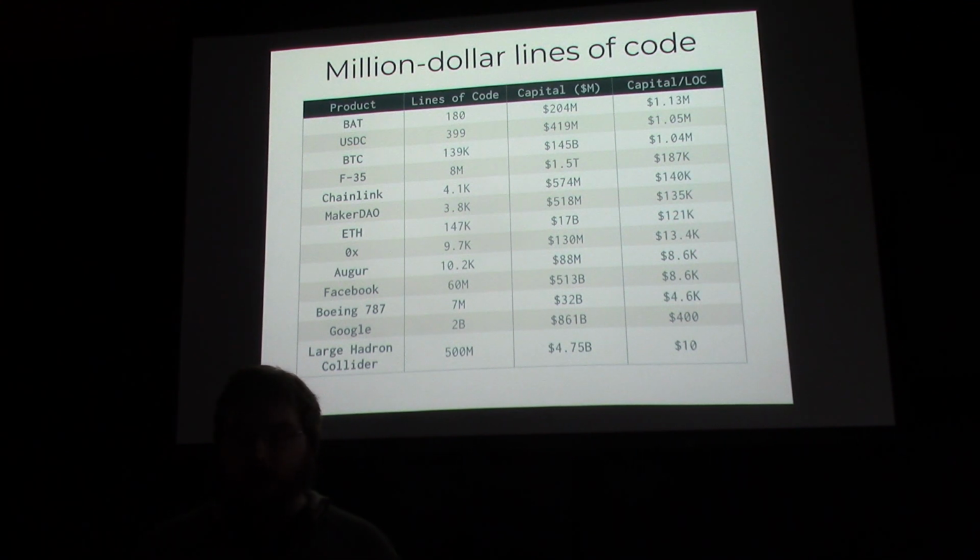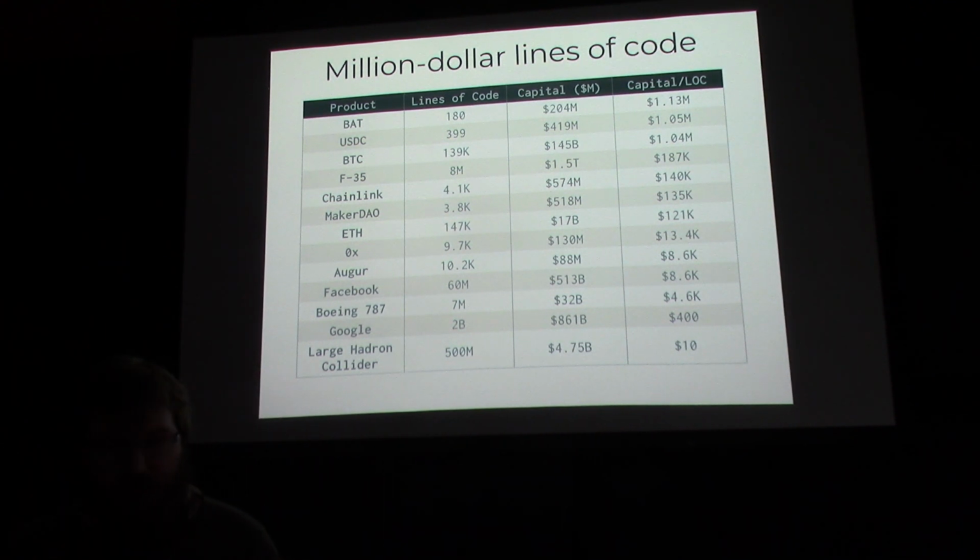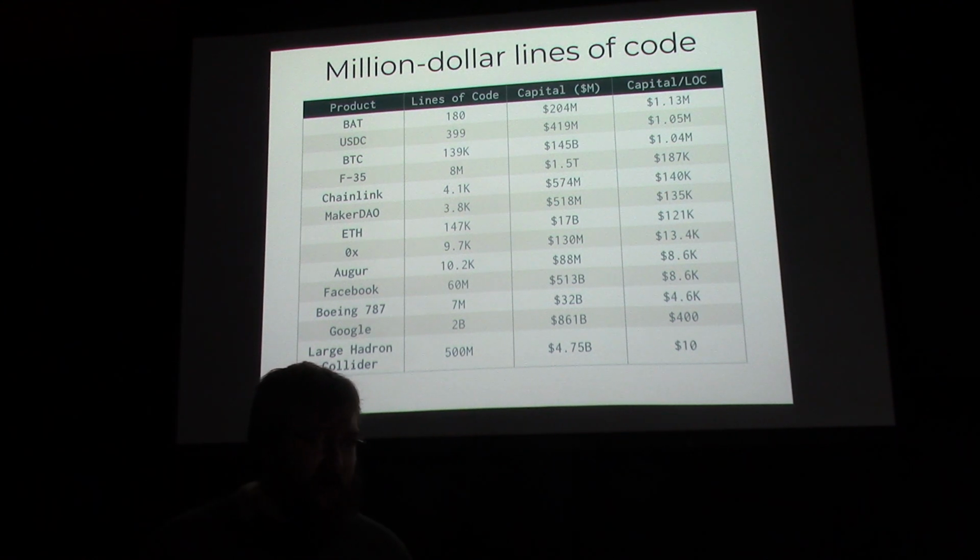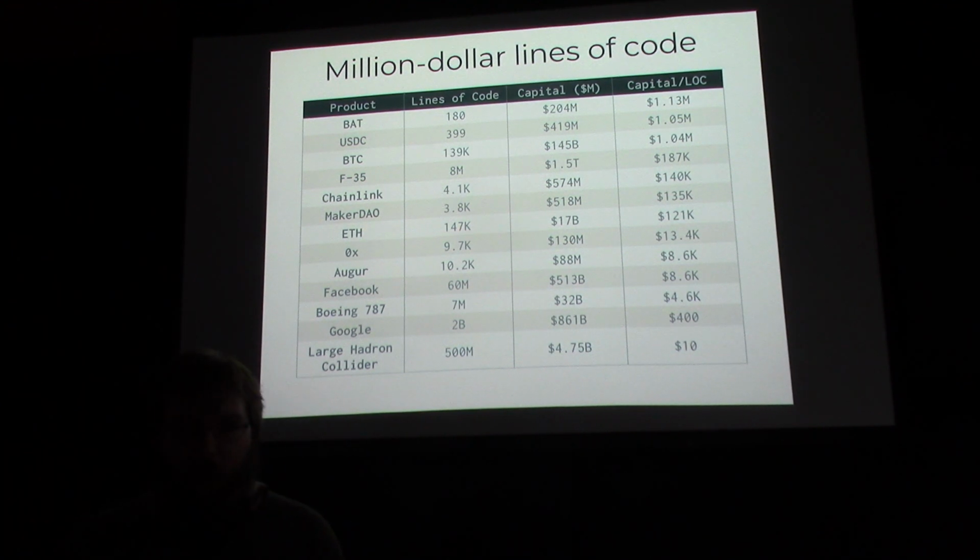And actually, this chart is much worse in reality, because when I went through and counted the lines of code in each of these repositories, many of the lines of code are actually the same lines of code. So if you have an error in, say, a library on Ethereum called Safe Math, which is probably correct, but I don't know if anyone's done a formal proof that it's correct.